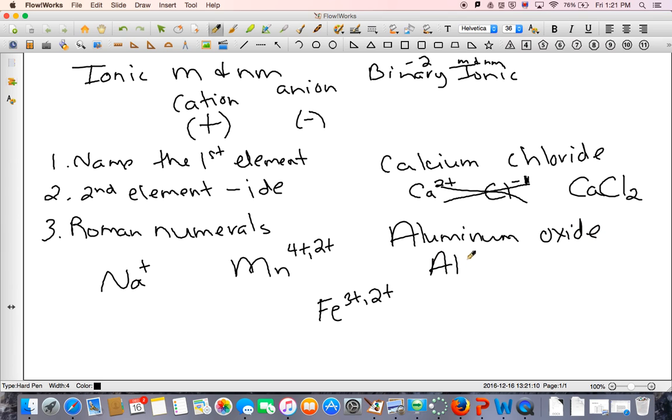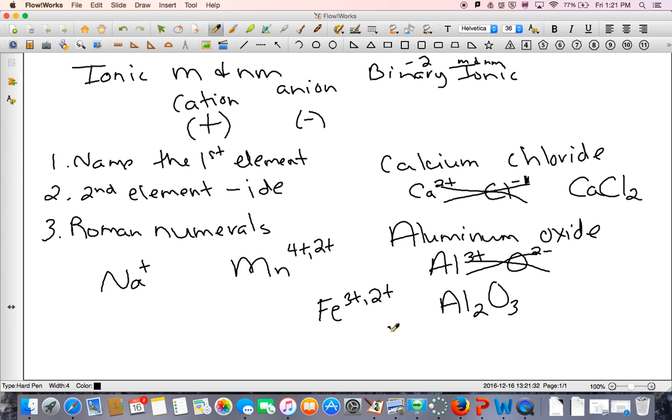Aluminum, on the periodic table, is a 3 positive. Oxide was oxygen, who's a 2 negative. Math-wise, the least common multiple is 6. So it takes 2 aluminum, 2 times 3 gives me 6, and 3 oxygen, 3 times 2 gives me 6. We're balanced. Or drop and switch.